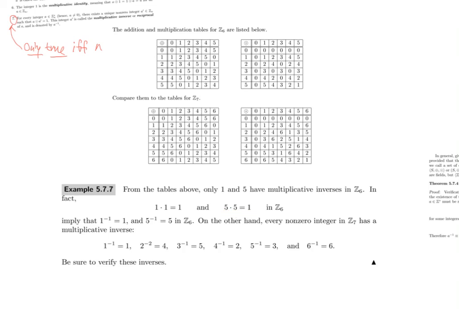That's a pretty convenient thing to remember when you're doing these calculations. In Z mod 7, every non-zero element has a multiplicative inverse, and here's the list of the multiplicative inverses. You should verify these by doing the multiplications and doing the mental math to reduce the product down to 1.